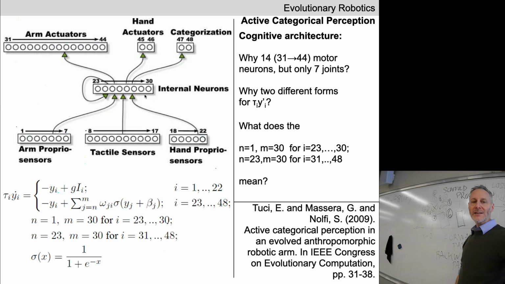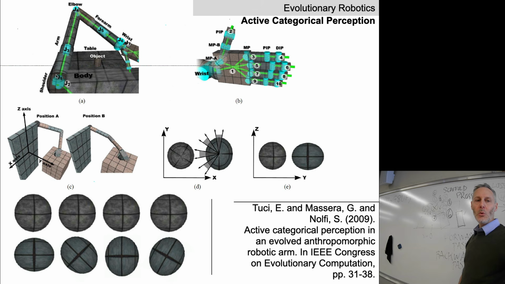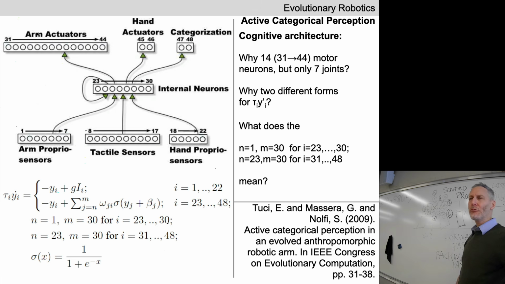And then these 8 internal neurons connect to a whole bunch of motor neurons. There are 14 motor neurons for the arm, but remember that there were only 7 joints. Why 14 motor neurons for 7 joints? Should only need 7 motor neurons for the 7 joints.